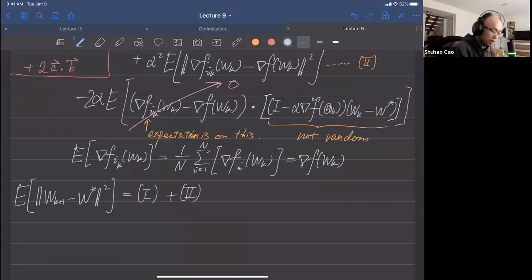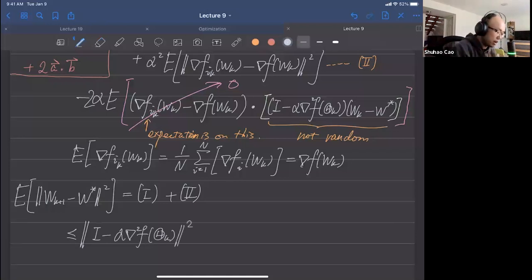And moreover, for 1, we have learned that it's less than I minus alpha, the Hessian of f at theta k, squared.